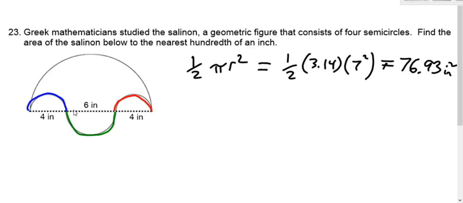Now we have the blue semicircle and the red semicircle. I'm going to group them together because they're the same. They have the same diameter, 4 inches, so they are 2/2 of the same circle. So if you have 2/2, you just have a whole circle. So you have pi times radius, which would be 2 squared.